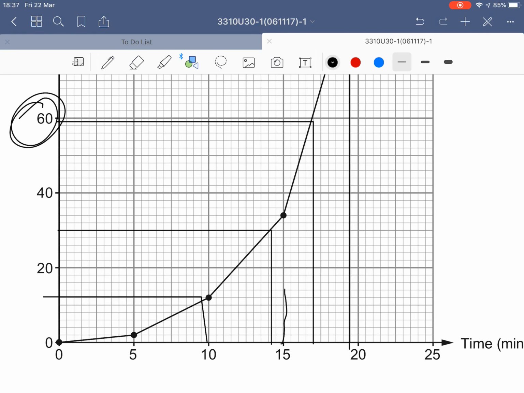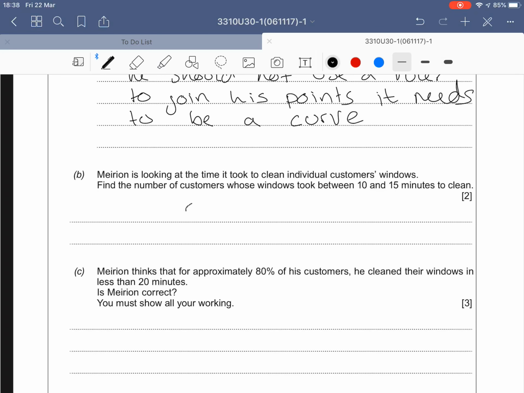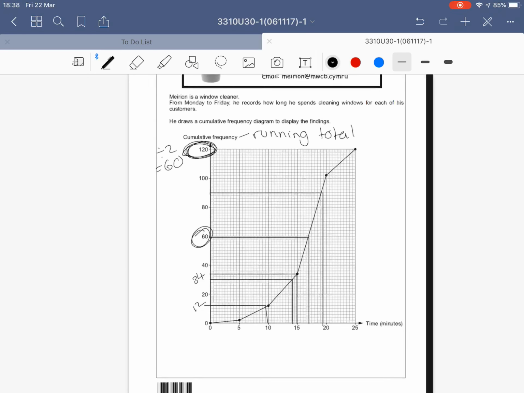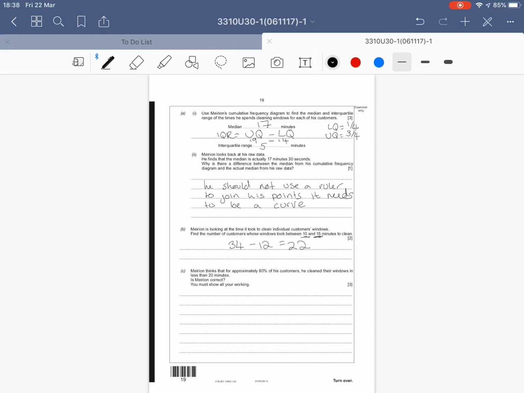But don't worry. And at 15, go across there. I'd say that's 34. So I want the difference between 34 and 12, which is 22. So she wants just those people, so that's going to be 22.